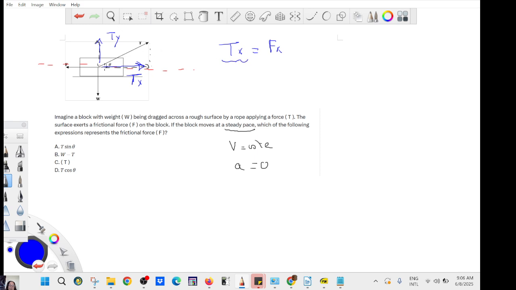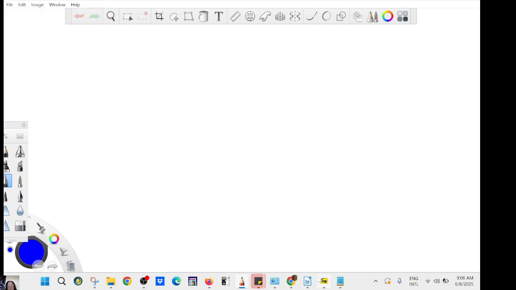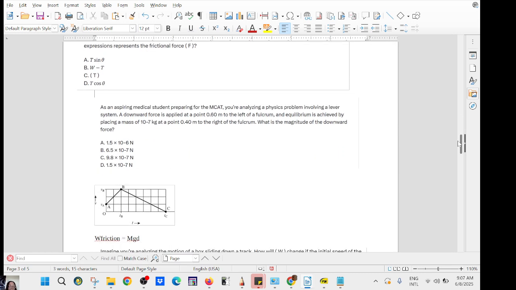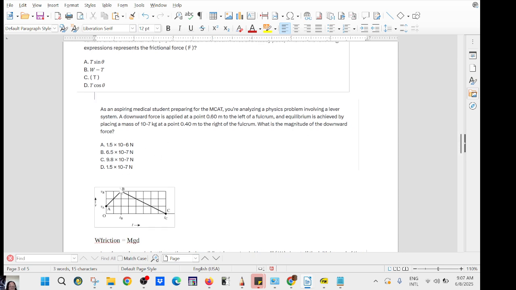And the X component will be T cosine theta equals the friction. Okay, so the answer will be D. And you want to make sure you see that it's a steady pace. So it means that the velocity is constant, so the acceleration equals 0. Okay, let's do this one.